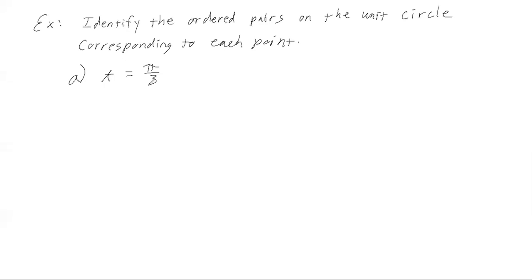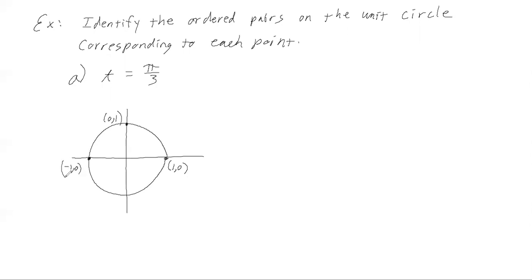Let me draw a unit circle. Here's my unit circle, like 1, 0, 0, 1, -1, 0, and 0, -1. All right, now what are they talking about with the t-value?